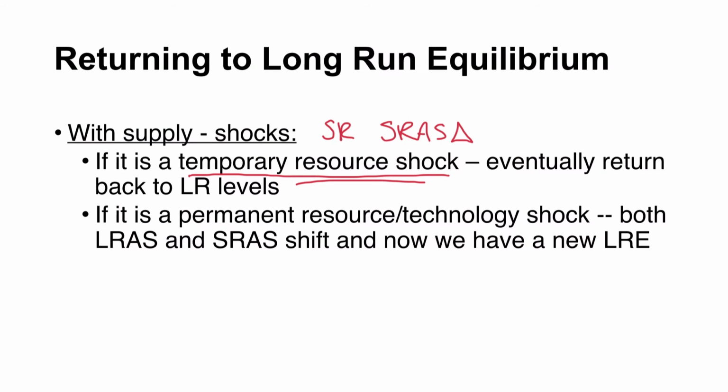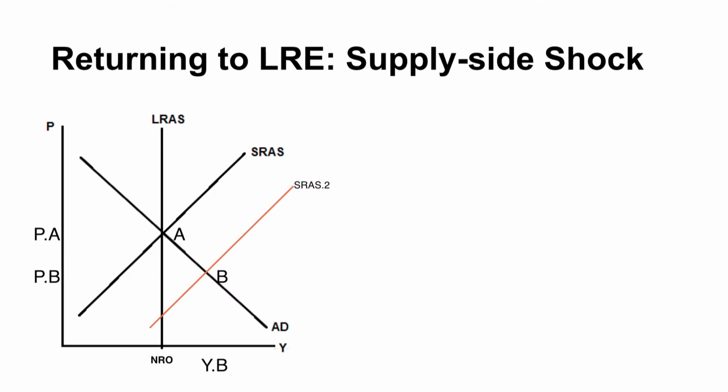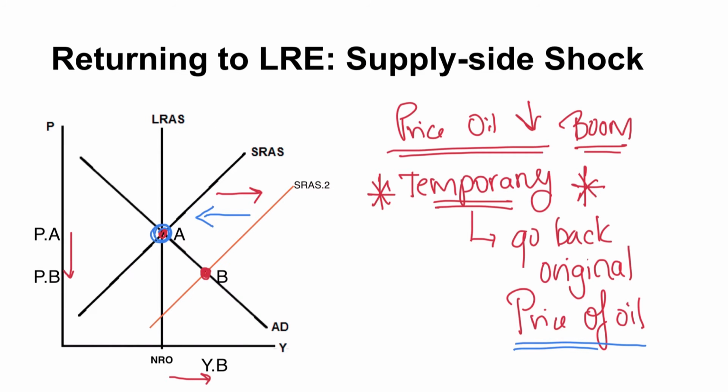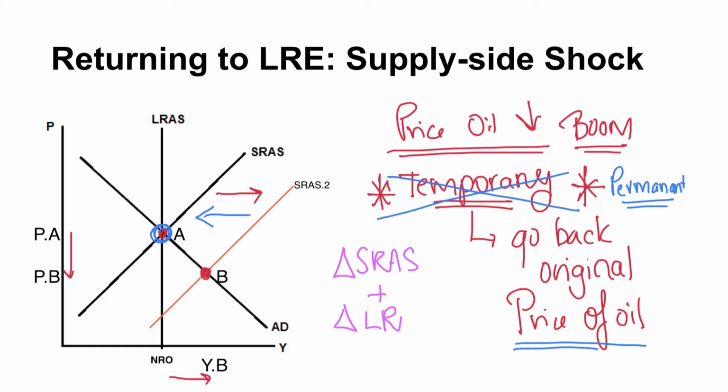Now, on the other hand, if the shock was permanent, and there's a permanently higher production in oil, for example, then if it's a permanent change, we have a change in the short-run aggregate supply and a change in the long-run aggregate supply.